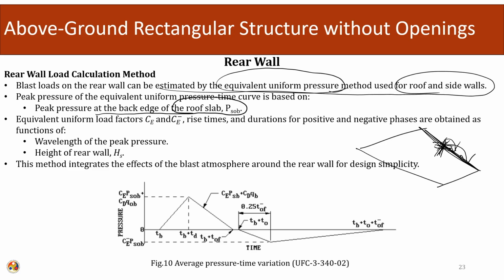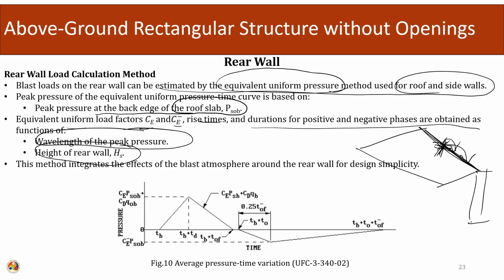Equivalent uniform load factors like C and C negative, rise times, and durations of the positive and negative phases are obtained as a function of the wavelength of the peak pressure and the height of the rear wall.